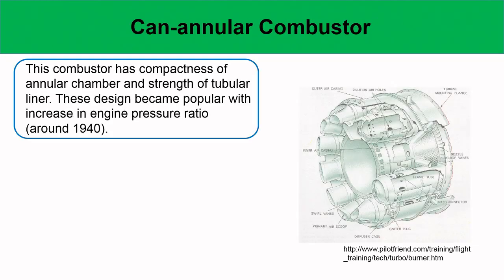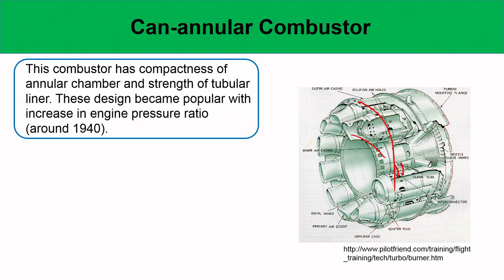Now, the second type is the can annular combustor. Here, in addition, there is an outer casing, and the can combustors are sitting in the annular space, and there is a flame tube where the flame can pass from one combustor to the other.